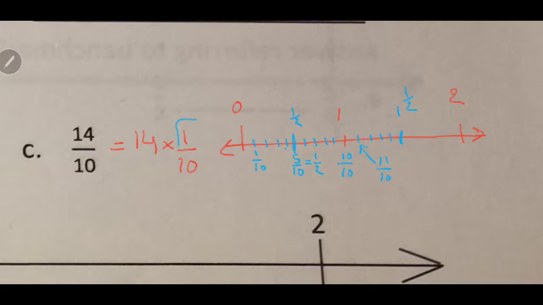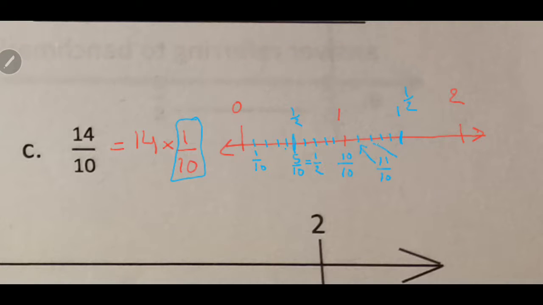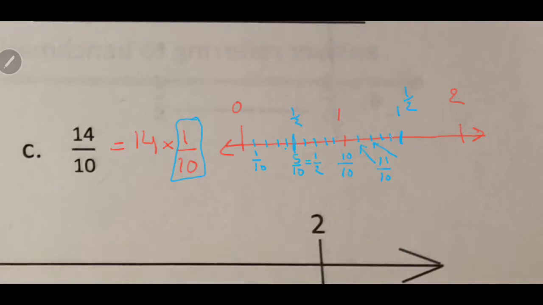That's why here, remember this one, we're going to count 14 over 10 and find what is 14 over 10. So this is 11 over 10. This one is 12 over 10. 13 over 10. 14 over 10. This is 15 over 10.